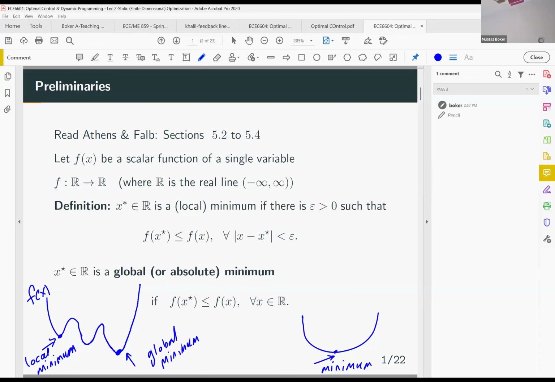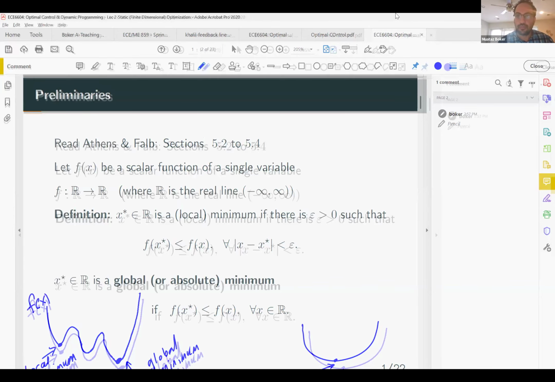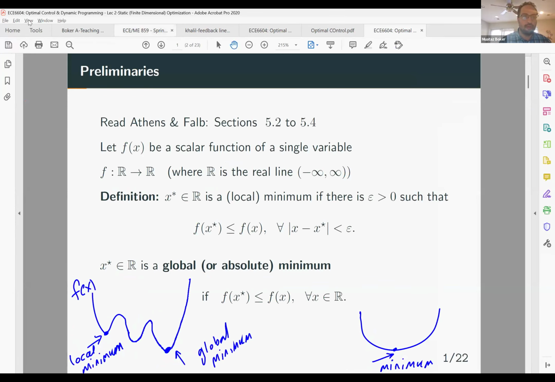So as long as x is near x star, f of x star is less than f of x. But here it doesn't matter if x is near or far away, f of x star is always going to be less than or equal to f of x. We call this a global minimum and this is local, right? All right, we continue.